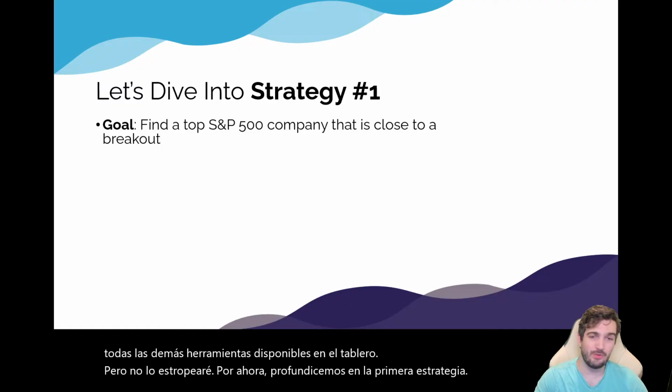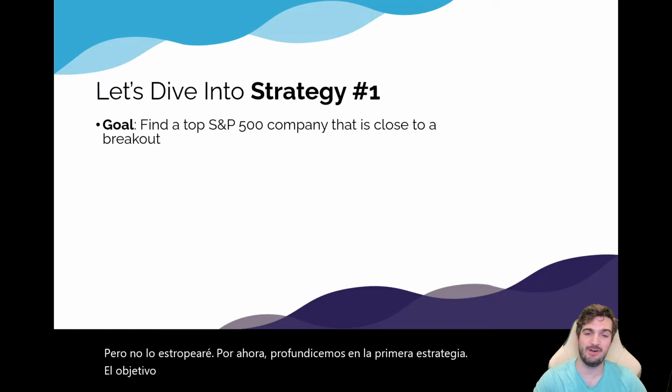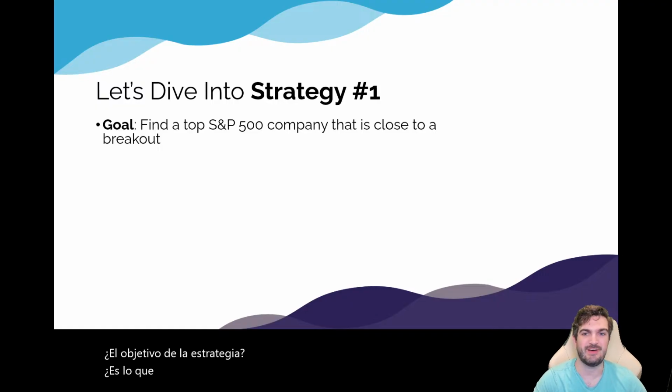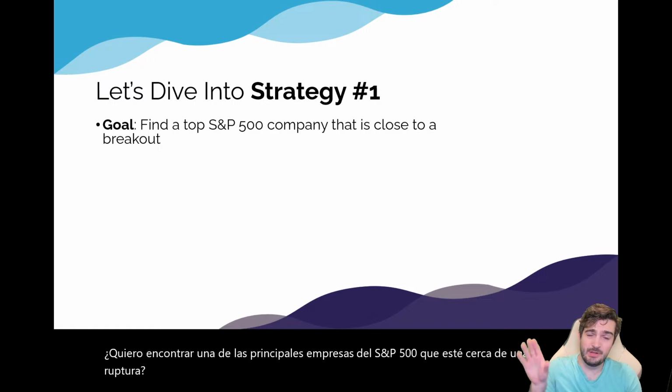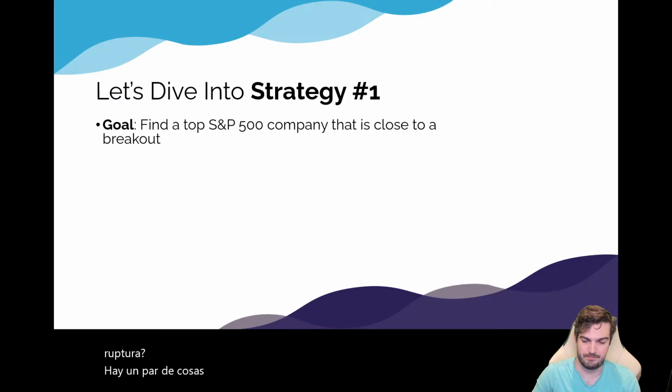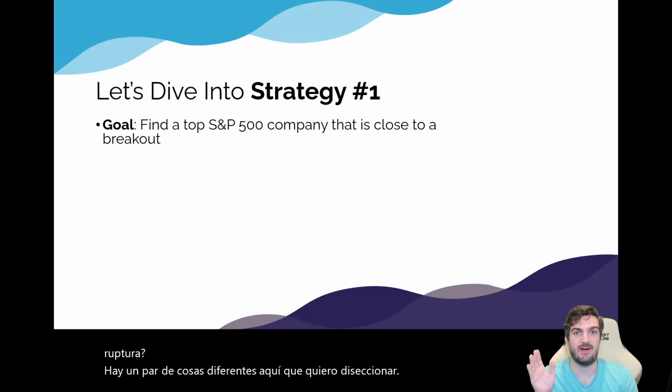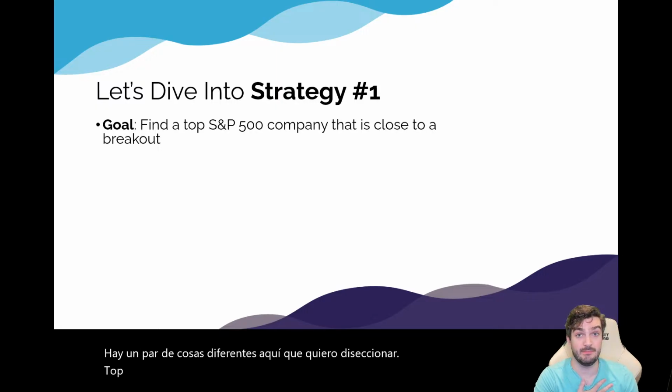The goal for the strategy is I want to find a top S&P 500 company that is close to a breakout. There's a couple of different things here that I want to dissect, take apart. Top S&P 500 company. To me, that is a company with high relative strength.